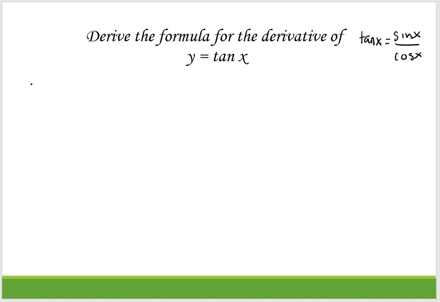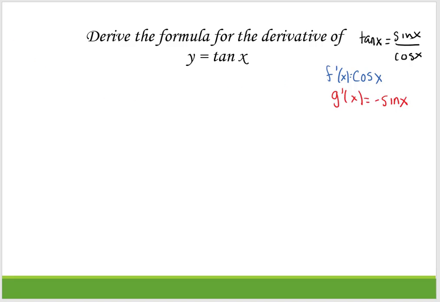So I have to find the derivative of this. I have to find the derivative of the top and the derivative of the bottom. So derivative of sine is cosine. And then I will write it like this. And then derivative of the bottom, which is g prime of x. Derivative of cosine is negative sine of x.